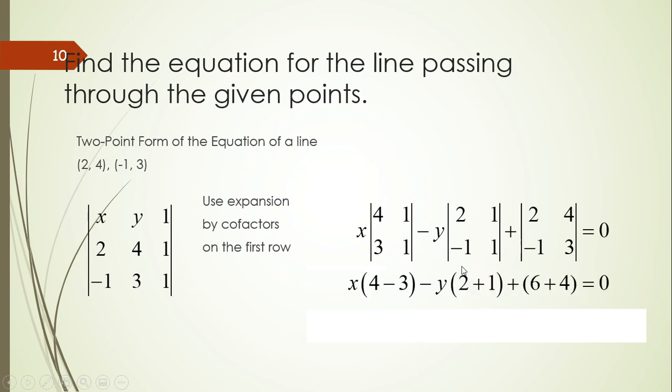So if we calculate that out, this is x times 4 minus 3 minus y times 2 plus 1 plus 6 plus 4. Calculate this out. This is going to be 1x minus 3y plus 10 equals 0.